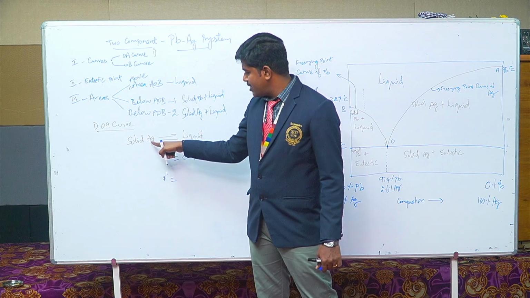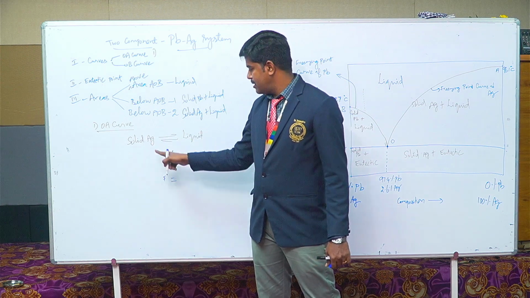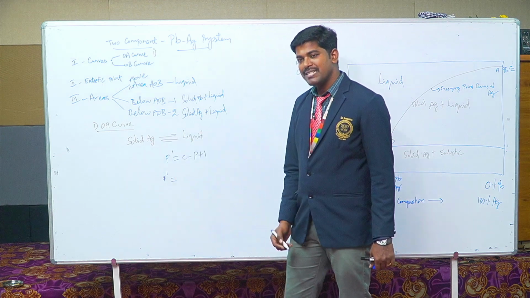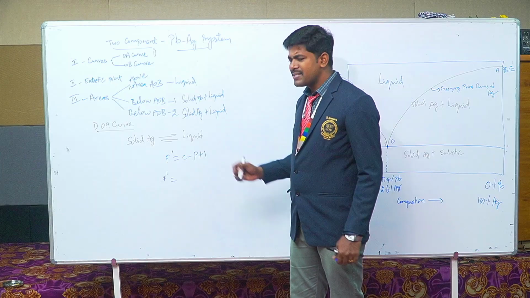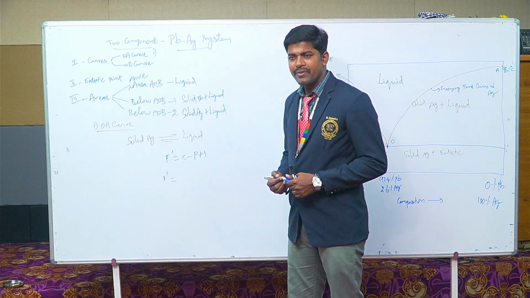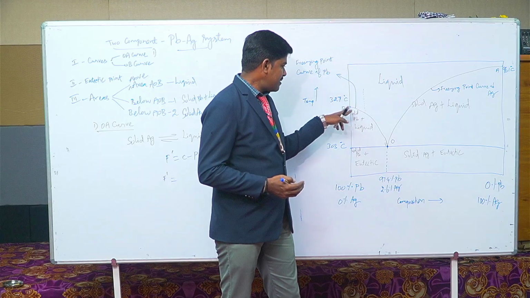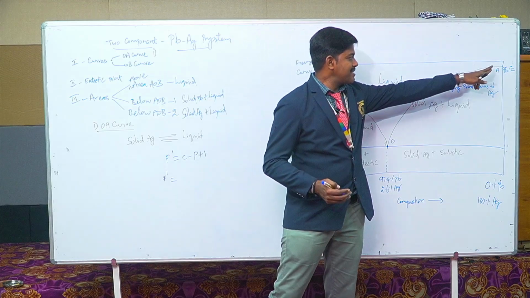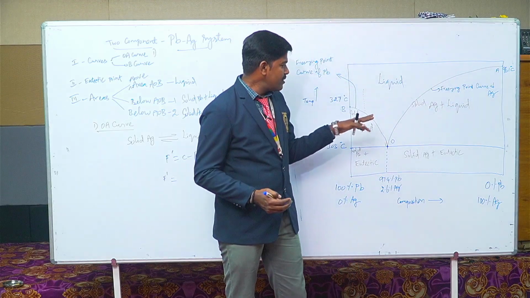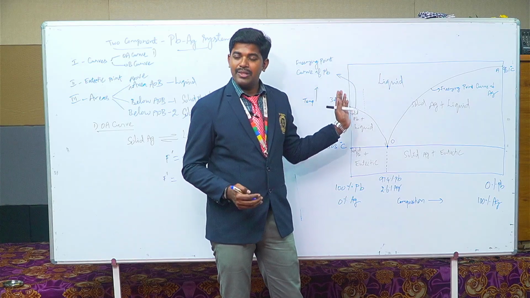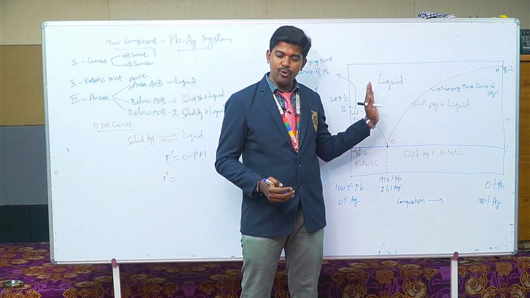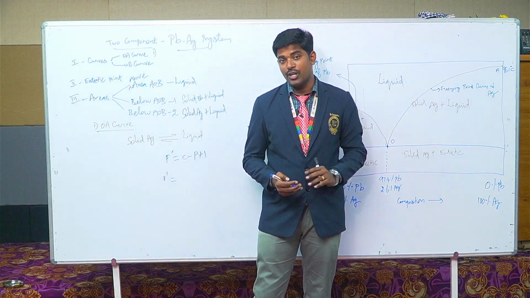Now it is our duty to find out the number of components and phases in this equilibrium. F' is equal to the number of components. Component 1 is solid silver. What is the second component? Only liquid is there. What is present in the liquid? See the diagram. Above 327 degrees and above 961 degrees centigrade, both lead and silver will be converted into liquid.